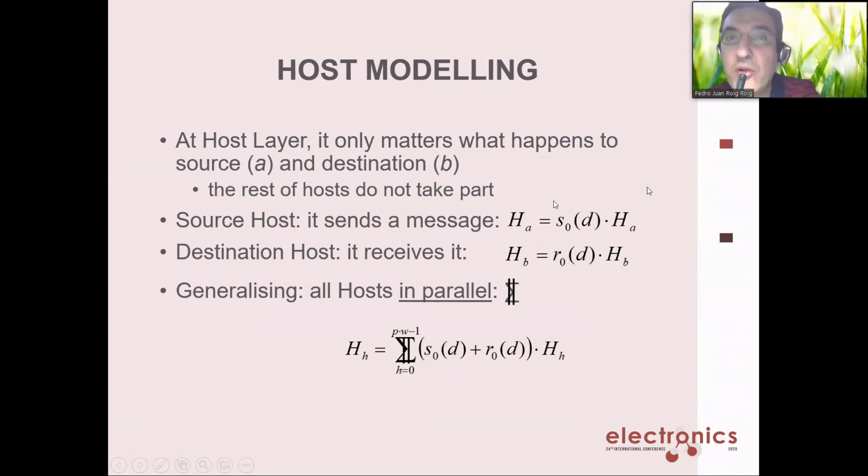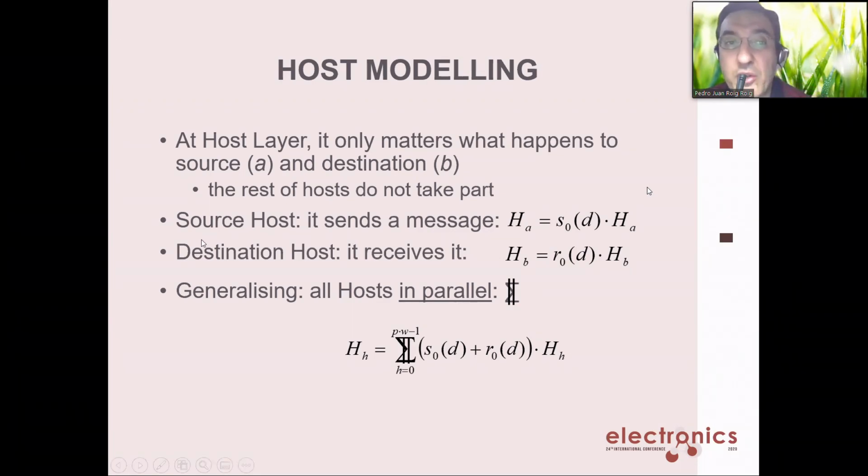All right, so we're going to present the modeling of each of those building blocks. Starting with the host modeling, at host layer it only matters what happens to source A and destination B, and the rest of the hosts do not take part in communication, so they are useless in this context.